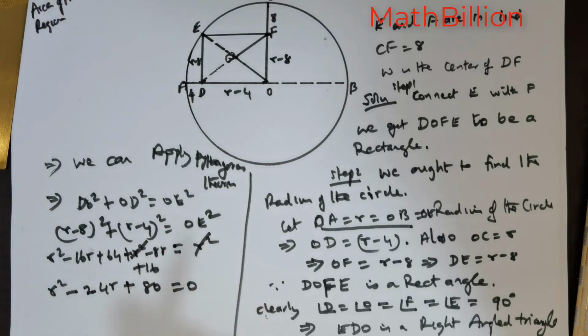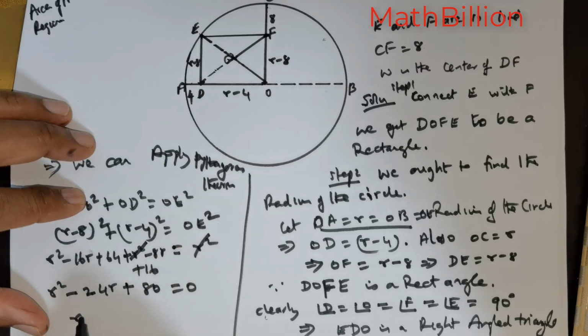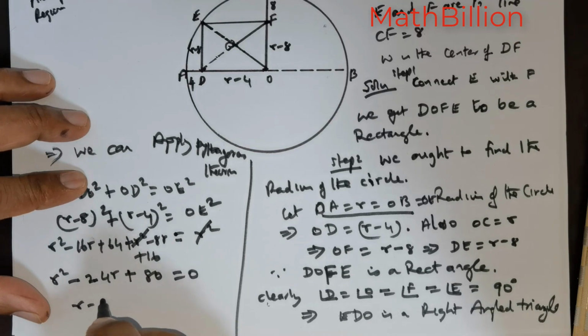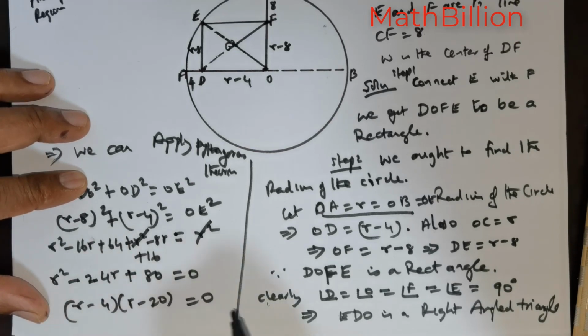So this is what you get. Now you can factorize this, right? If you were to factorize this, you will get two values. So this is R negative 4 times R negative 20 is equal to 0.